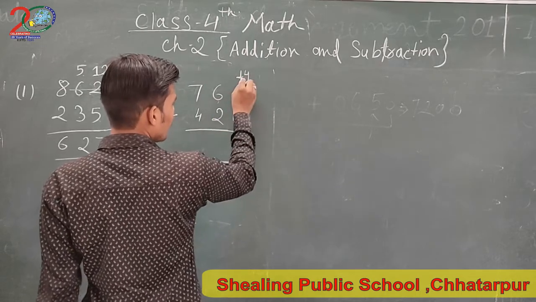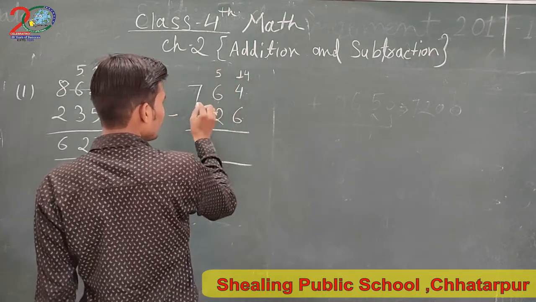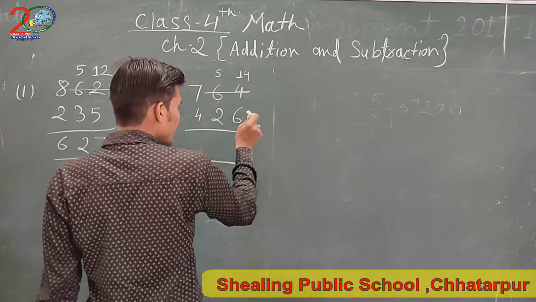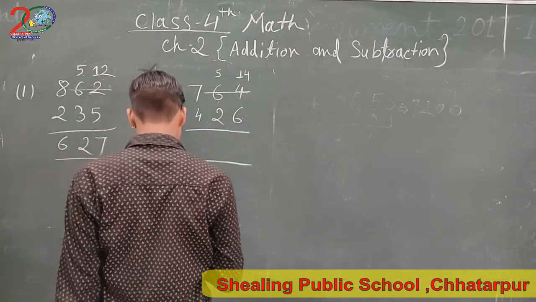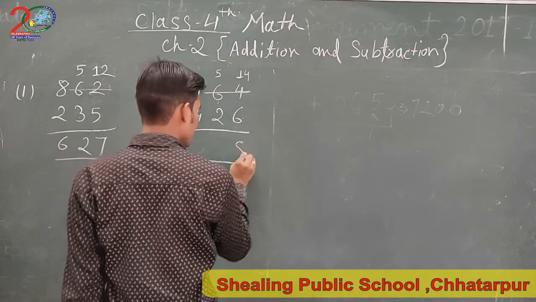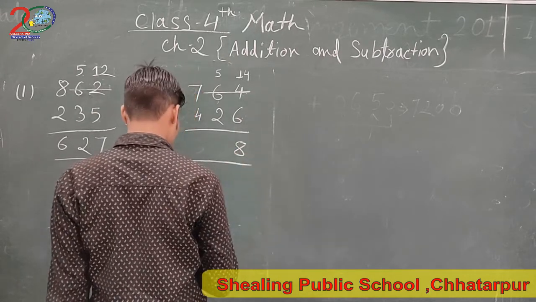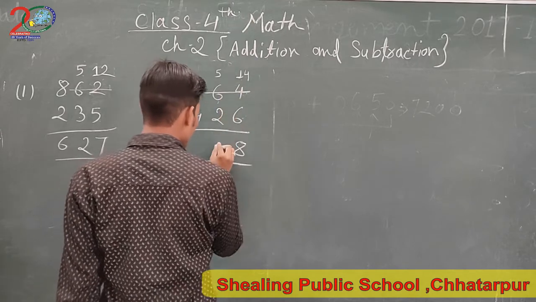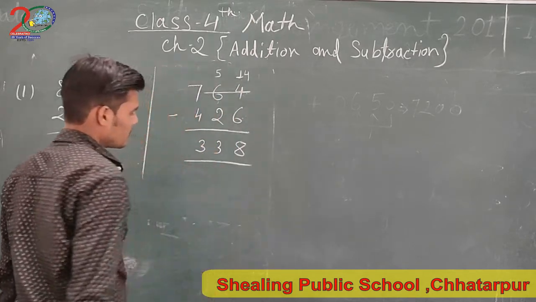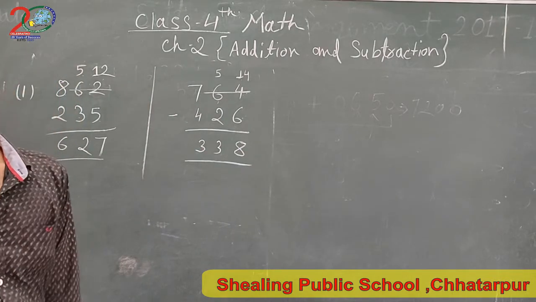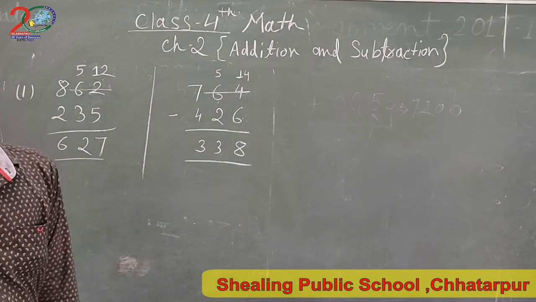Then 6 gave 1. So here how much is left? 5. Then 14 subtract by 6. 8. And 5 subtract by 2 is 3. And 7 subtract by 4, what's the answer? 338.